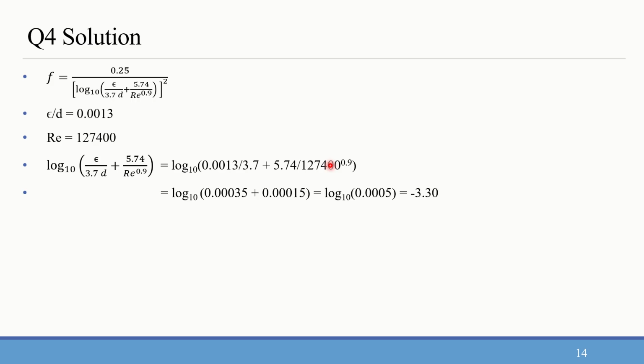Now we'll calculate 0.0013 divided by 3.7, which is 0.00035, and plus 5.74 divided by 1,27,400 to the power of 0.9, which will be 1.459 into 10 power minus 4 or 0.00015.